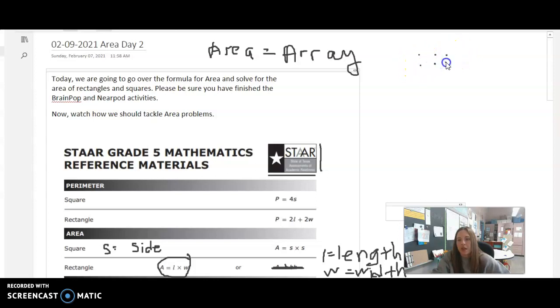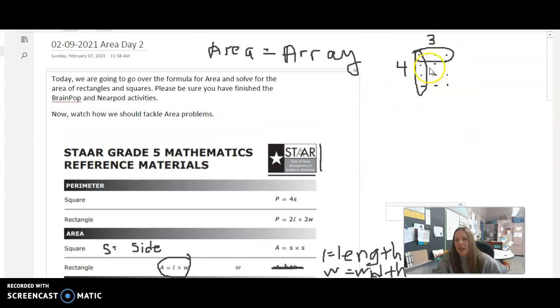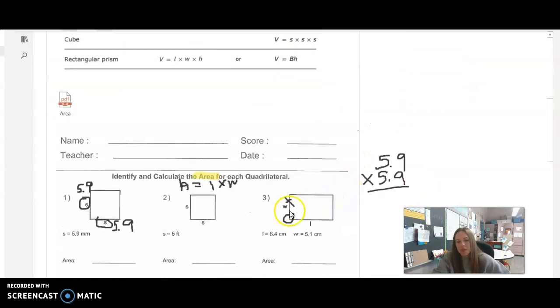And you would make little arrays and then count the dots. And then you learned that if you take the number of columns, which I have 3, and multiply it by the number of rows, which is 4, it would get you all the dots in your array. So I want you to think about it that way. Think about area, array. Okay, take one side and multiply it by the other.